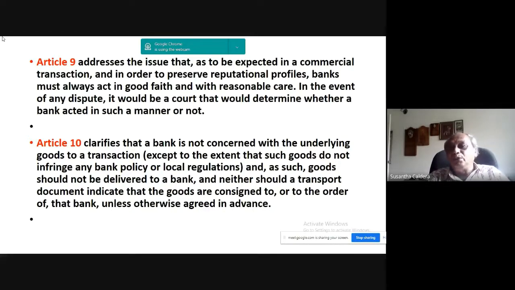And in order to preserve reputational profiles, bankers should understand that more than the financial loss, the reputational loss is bigger. Financial losses you can recover, but the reputational loss you cannot recover easily, right?